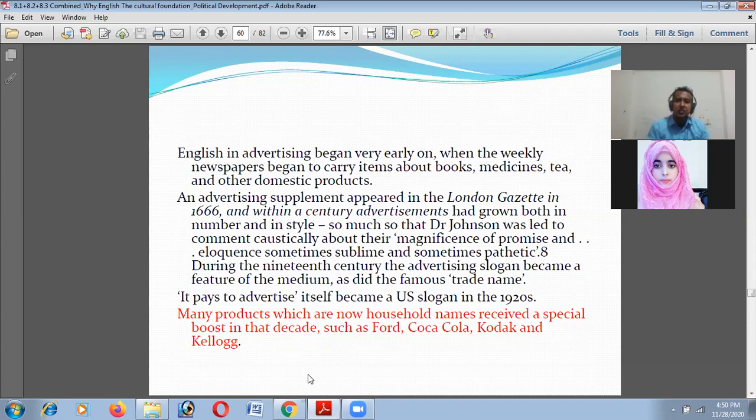Many products which are now household names received a special boost in that decade, such as Ford, Coca-Cola, Kodak, Kellogg. So these are the products that we use in our household activities that we have got from advertisement.